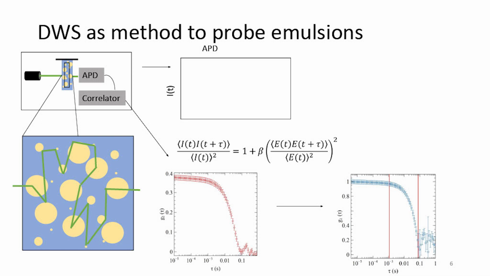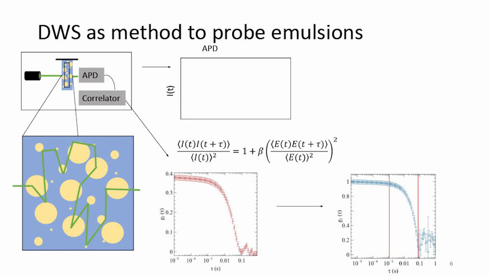DWS is a light scattering technique. So you can see on the left, you have a light source, typically a laser, that will impinge on the sample. It'll scatter through a droplet multiple times, which is one of the key differences for droplets in DWS versus other light scattering methods.